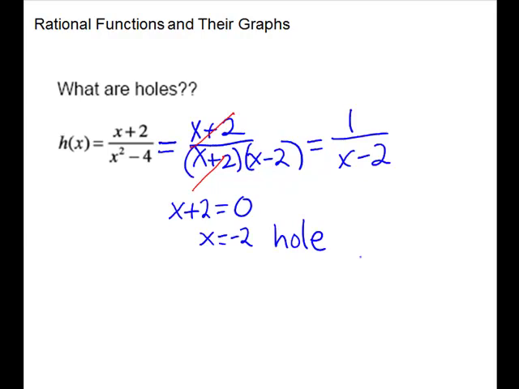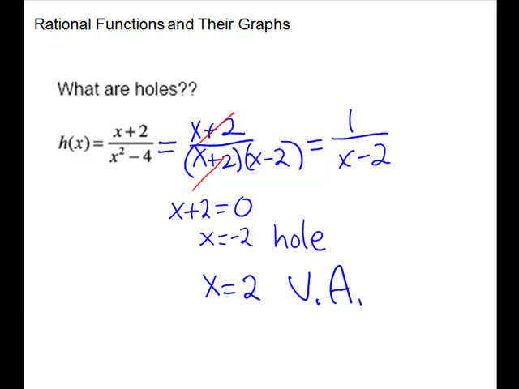So x equals 2 is a vertical asymptote. So when it has a common factor with the numerator and denominator, the piece that would divide off the denominator, set it equal to 0 and solve, and that would give you a hole instead of a vertical asymptote.